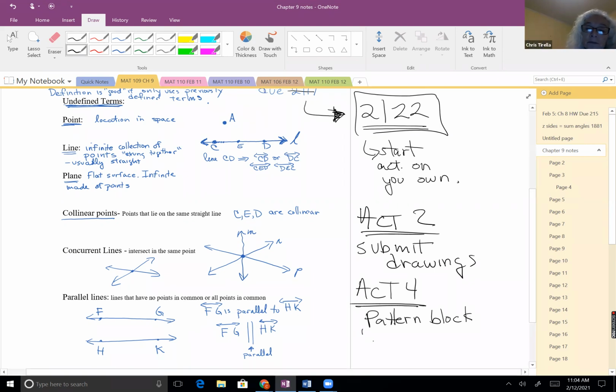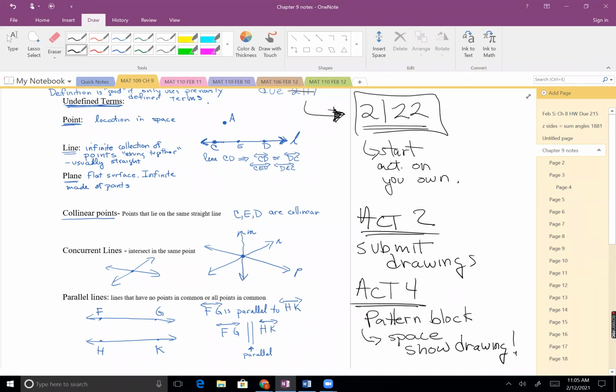With those, in the space provided, you have to show your diagram, show a drawing of what you did. So please make sure with each of those that you don't just answer the questions, but you show your work, you show your drawings, you submit your drawings that you use for each.